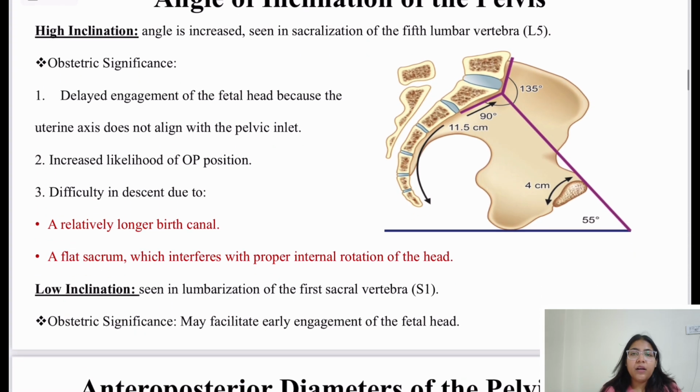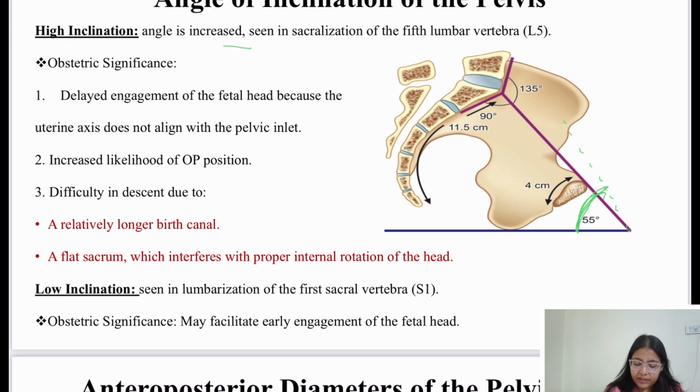Now how will it affect the function if the angle of inclination is higher or lower? High inclination means this angle will increase like this. How does it matter?